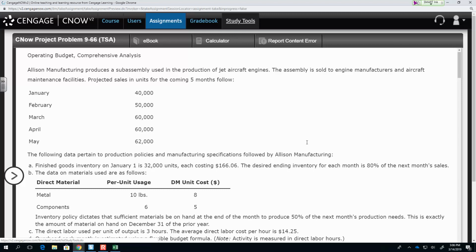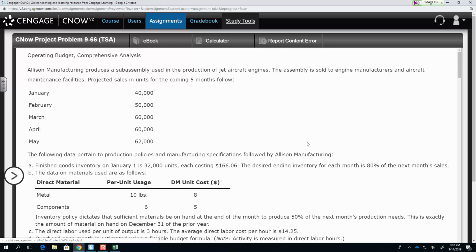For problem 66, Allison is the corporation, Allison Manufacturing. They make a jet engine. They're projecting for 5 months the sale levels: January, February, March, April, May.